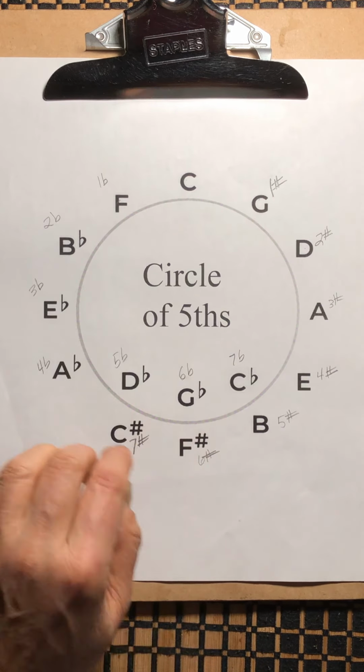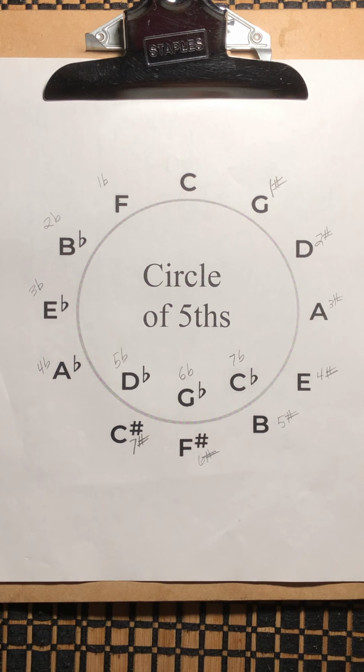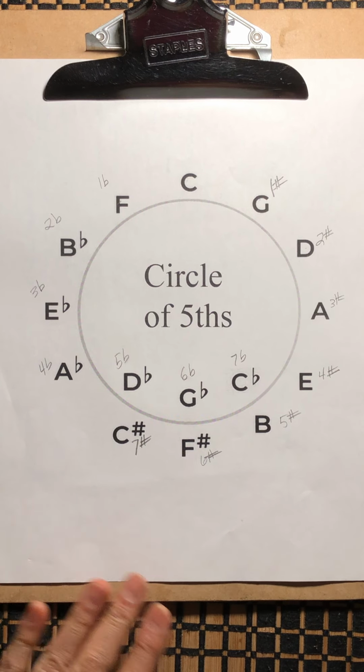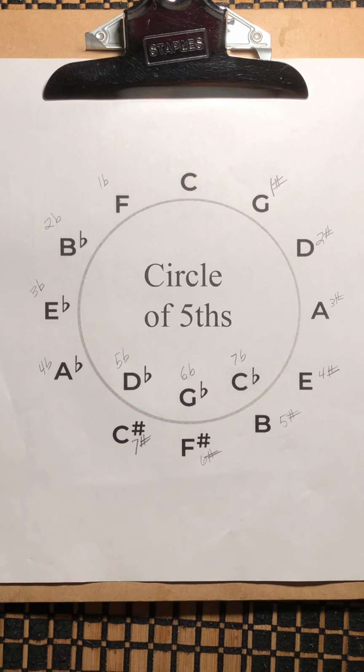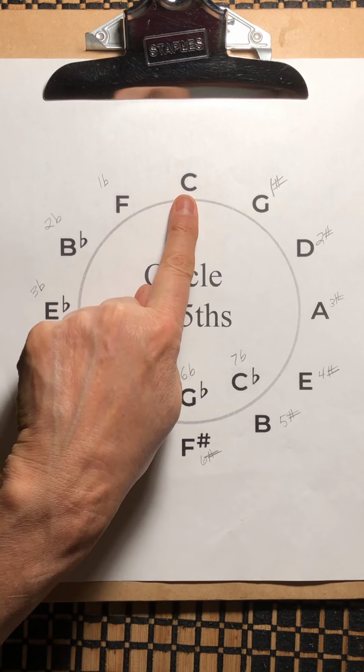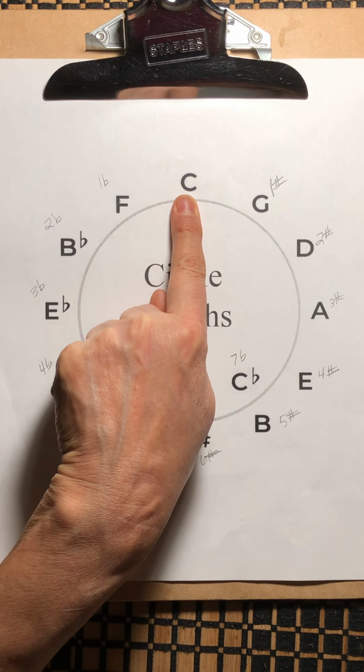Let us use the circle of fifths now to find the relative major and minor keys. You can also use the circle of fifths to figure out the relative major and minor keys. To find the relative minor, you go to the right 3 steps.